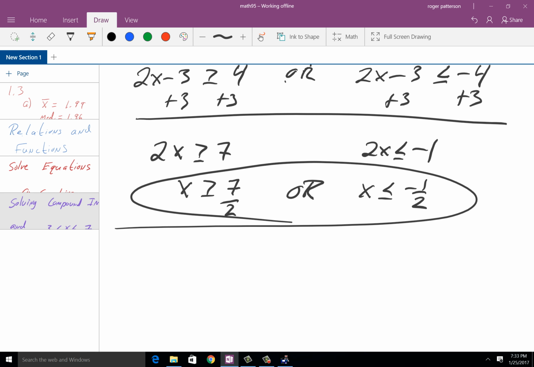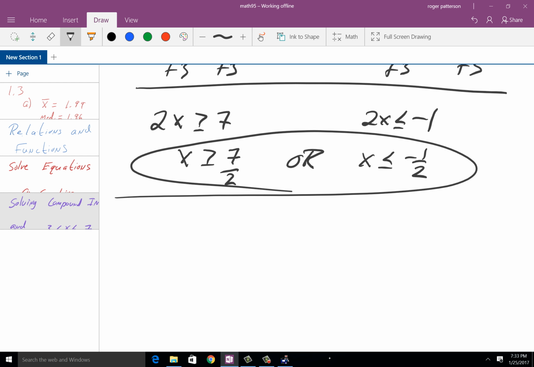So what's the positive case look like? 3x minus 4 less than or equal to negative 2. Okay, that's interesting because that's actually a negative number there. 3x minus 4 is greater than or equal to 2.